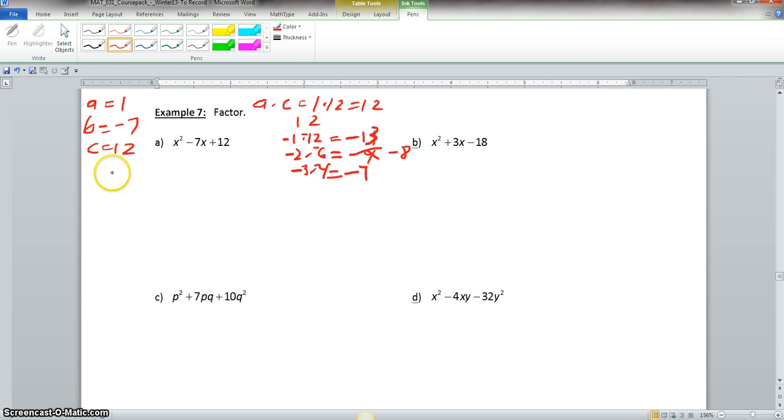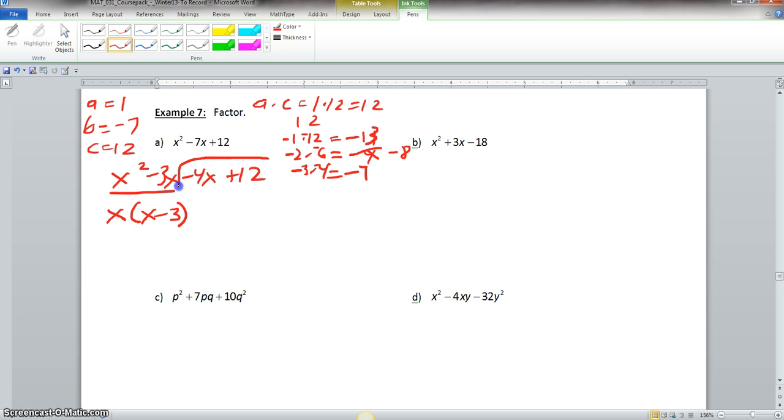So we will have x squared minus 3x minus 4x plus 12. Now just recapping this, when you multiply together the A and C and get a positive 12, but B is negative, that means that both of your factors are supposed to be negative. So I made that mistake earlier, so I corrected it. Okay, so now we group the first two values. We can factor out an x, and we'll be left with x minus 3.